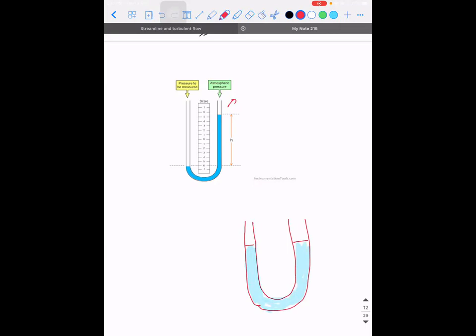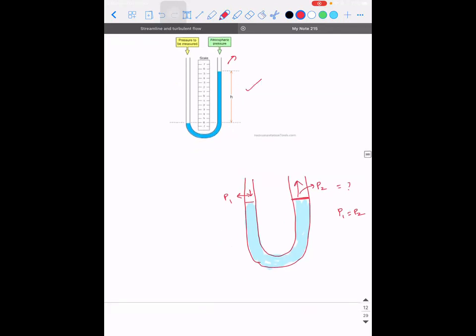If I ask you the relation between the pressure at point 1 and pressure at point 2, what will you say? P1 equal to P2. But if this liquid is getting pushed downwards, and on the right side the liquid is getting raised upwards such that you get this kind of a scenario, then which side pressure is more? Left hand side or right hand side? Left hand side, sir. So left hand side.